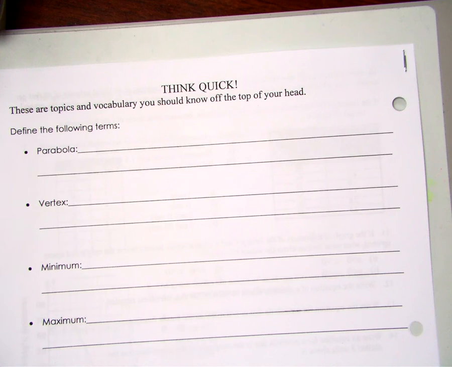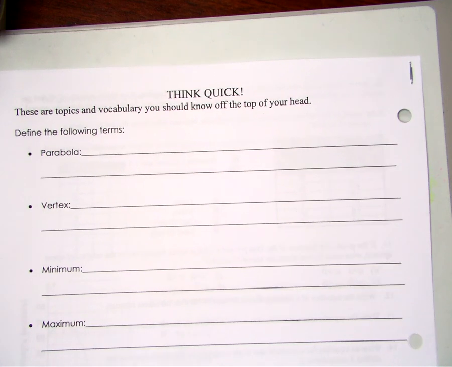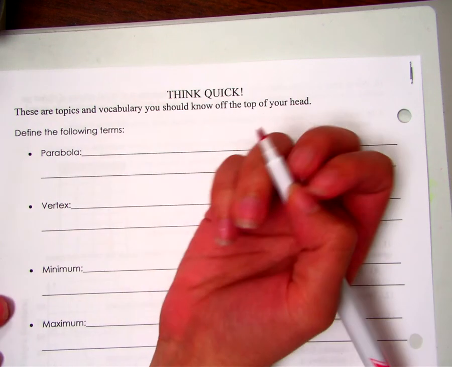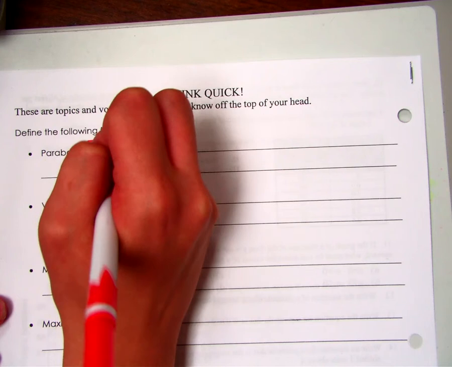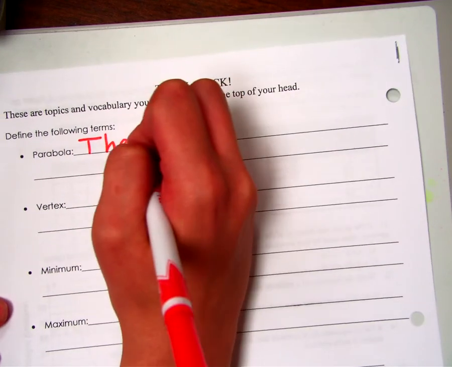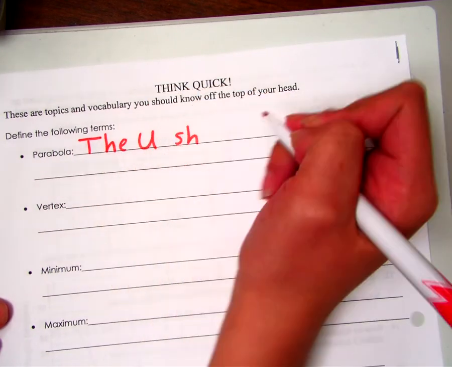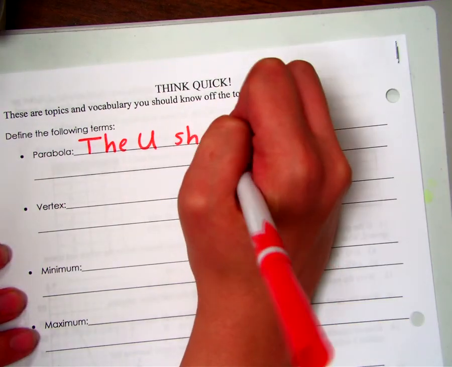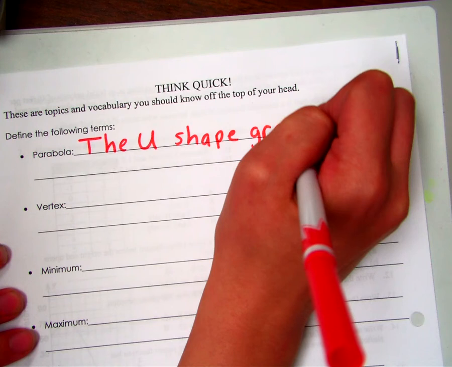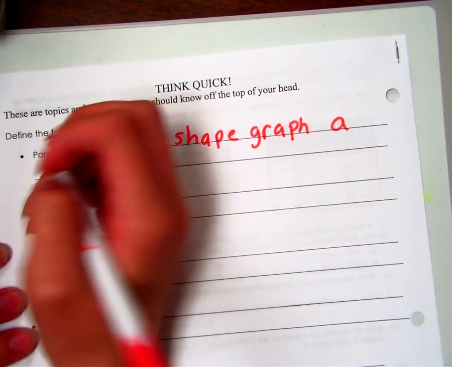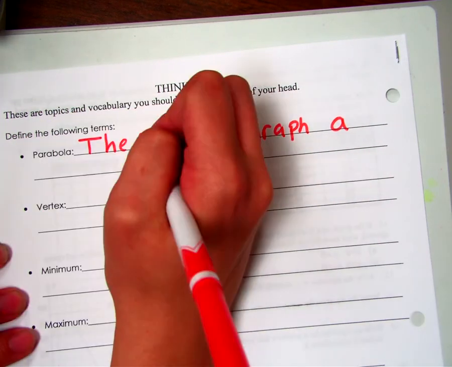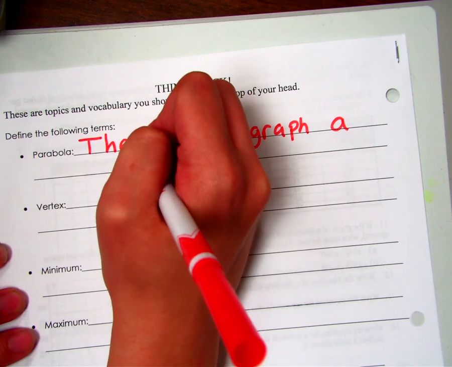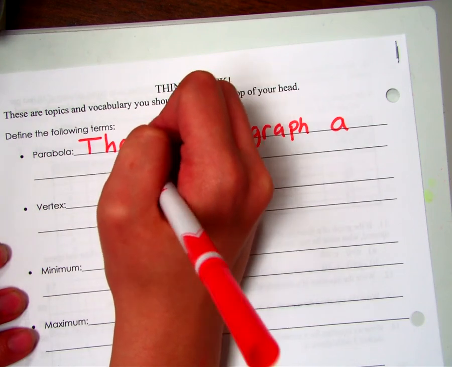So the first word is parabola. Remember, the parabola is the graph format of your quadratic function. What shape does it look like? It looks like a U. So it's the U-shaped graph a quadratic function produces.